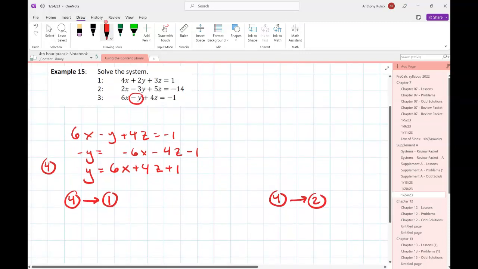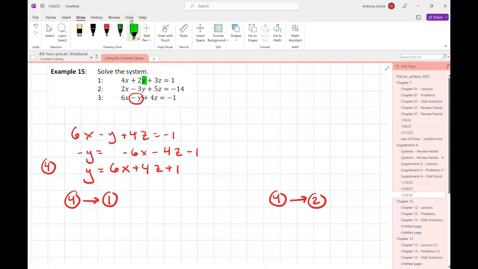So equation 1, when I plug 4 into that, where the y was, I'm going to be putting 6x plus 4z plus 1. But everything else is going to stay the same. So 4x plus 2, and then instead of the y there, I'm going to write 6x plus 4z plus 1, then plus 3z equals 1.